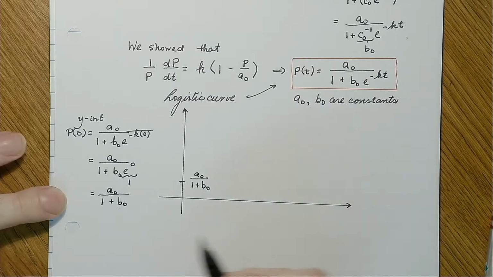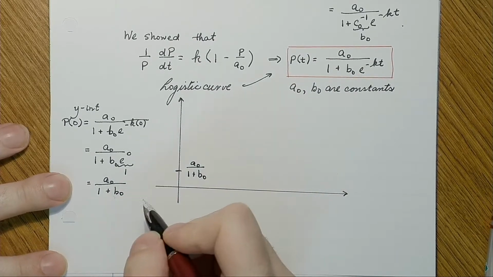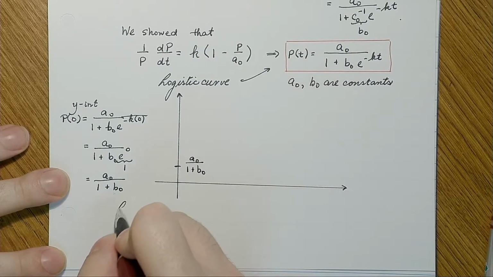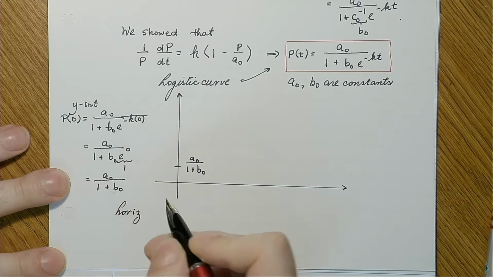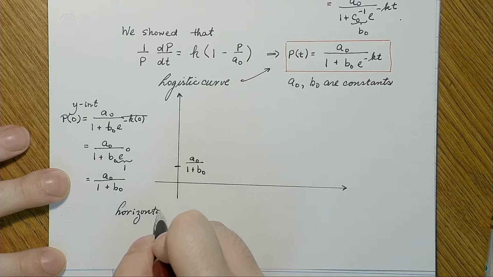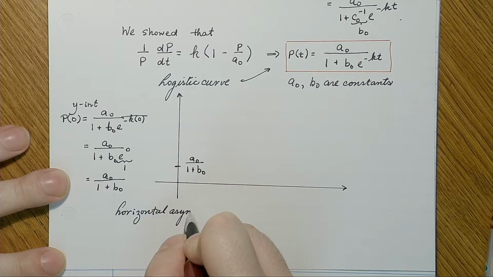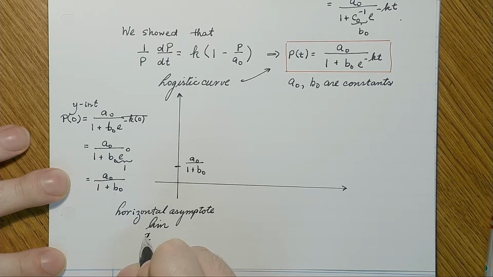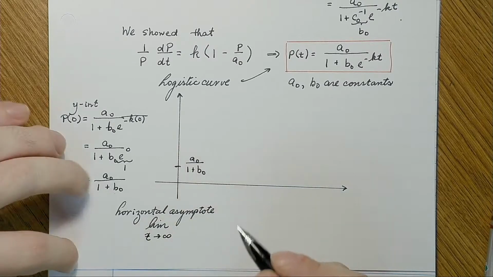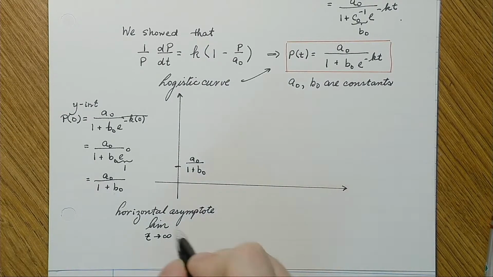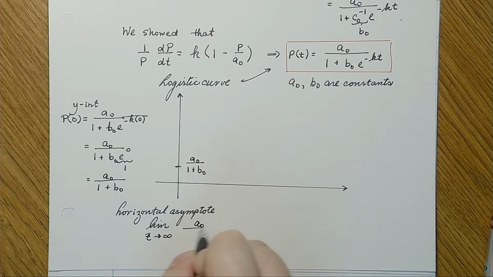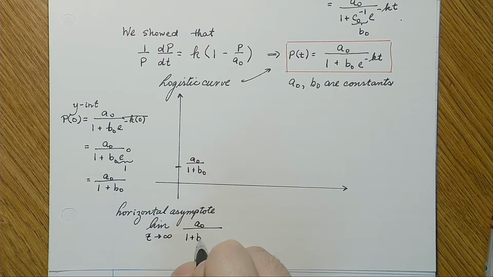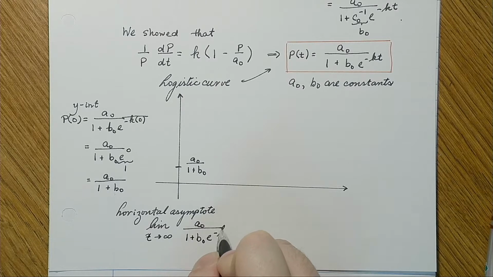And my horizontal asymptote should be the limit as t goes to infinity. I'm so used to writing x. So t going to infinity, and I have a naught over 1 plus b naught e to the minus kt.